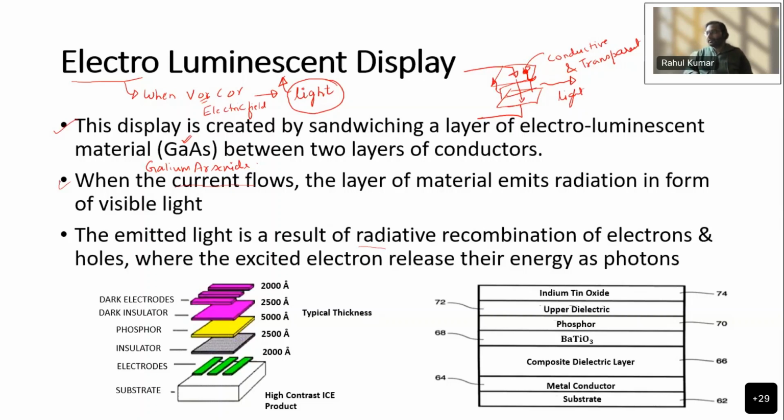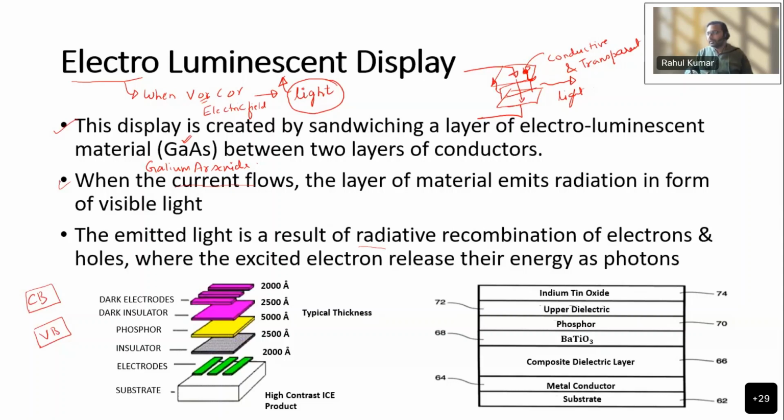Probably in chemistry or something, you might have read about this recombination of electrons and holes. So, conduction band and valence band, right? Conduction band and valence band.